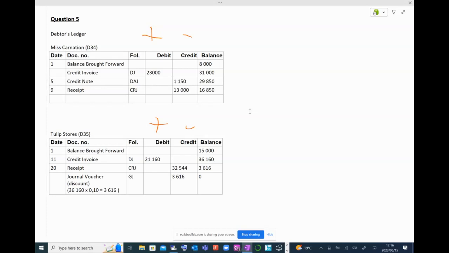Why are we recording in the debtors journal? You sold things on credit. We sold something on credit to somebody. Does that make sense? So if we sold to Miss on credit, what's happening to her individual account? She now owes more. Does that make sense? Which is why we're debiting.